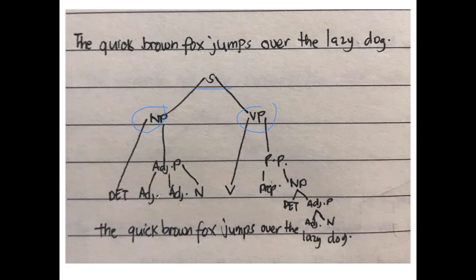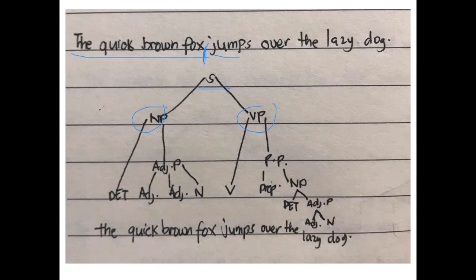So the quick brown fox will be the end of our noun phrase because jumps is already a verb. Since this is already a verb, this will be the starting point of our verb phrase.